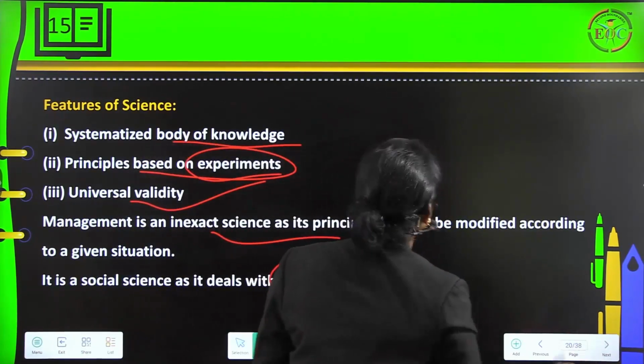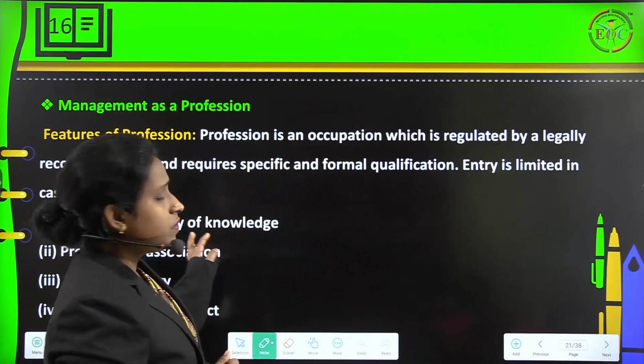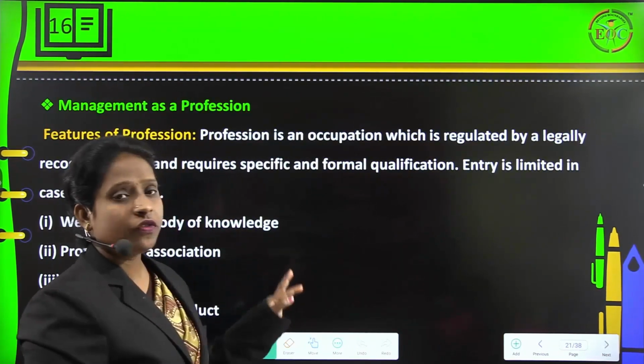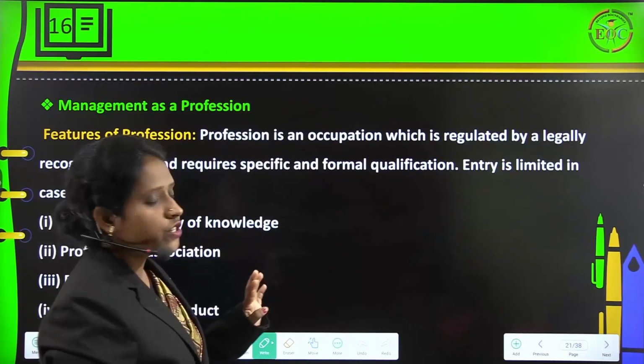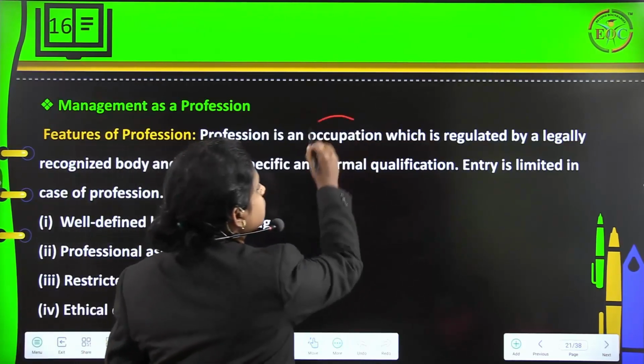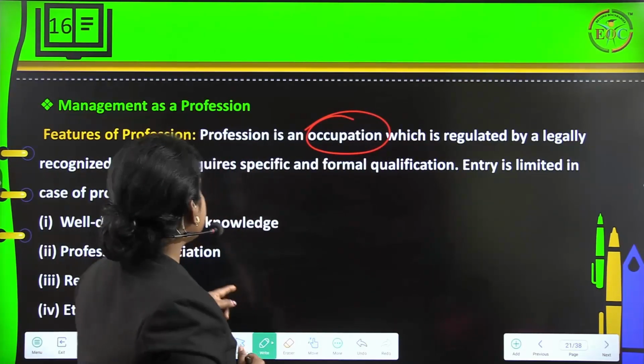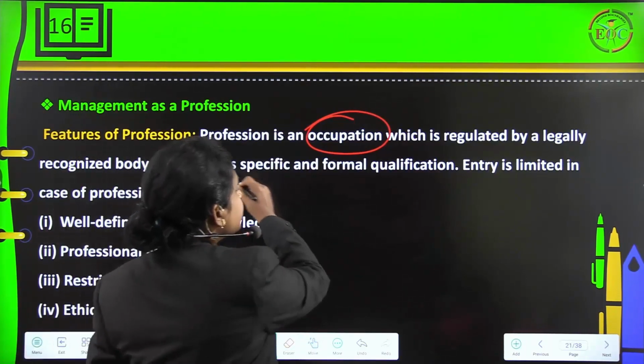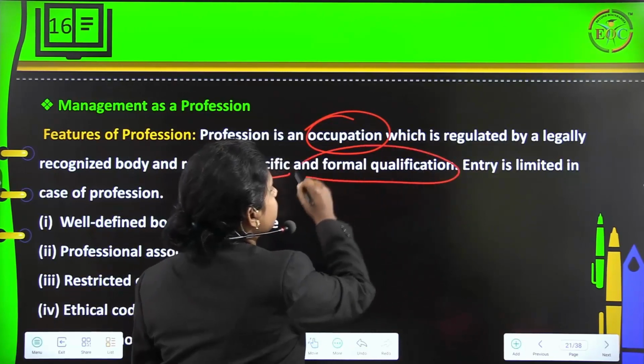Now, let's discuss management as a profession. A profession is an occupation which is regulated by a legally recognized body and requires a specific and formal qualification.